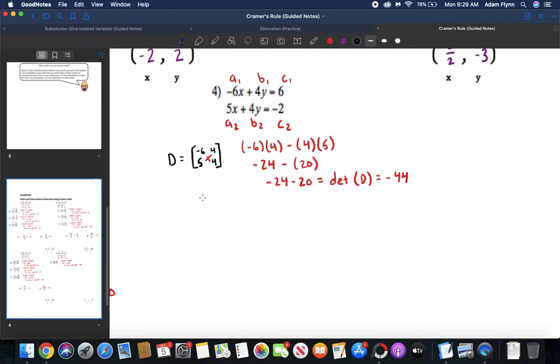I'll move on to my E matrix. So I've got C's in my first column and B's in my second, so I've got 6 and -2, followed by 4 and 4.